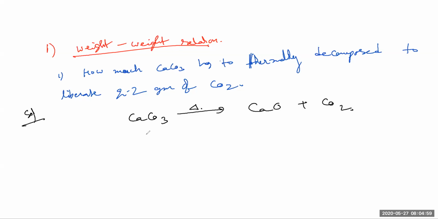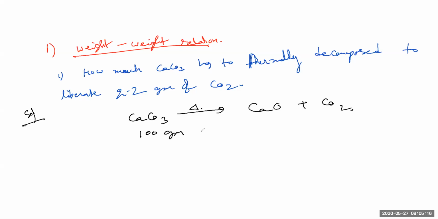According to this, what is the molecular mass of CaCO3? Calcium 40, carbon 12, oxygen 16 into 3 is 48. Total is 100, so 100 grams.